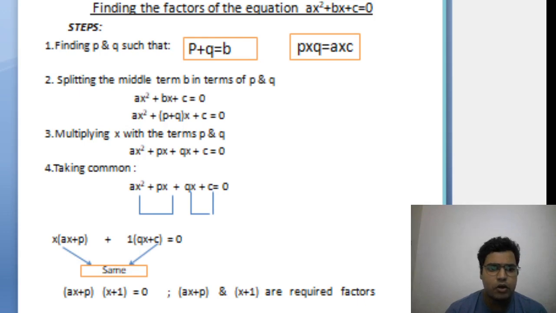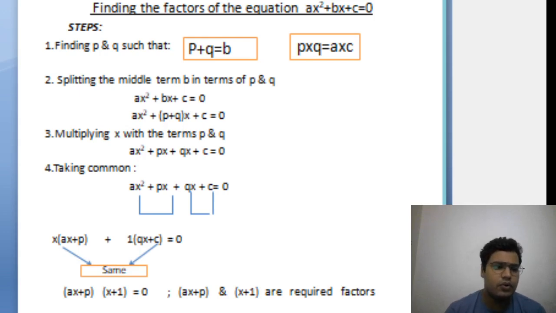If there is no common term found in the terms which we are going to take common, then 1 can be taken as common. So we have taken 1 as common, and the rest we are left with qx plus c equals 0.